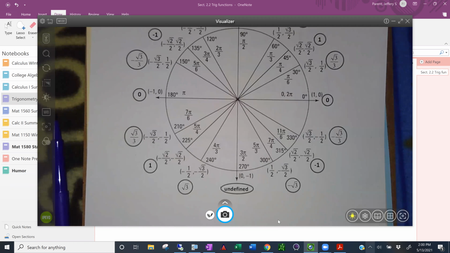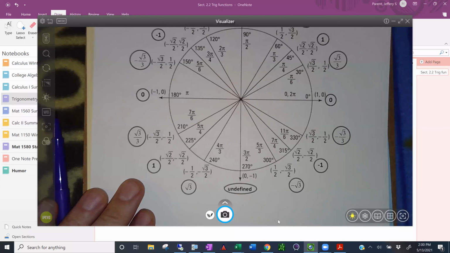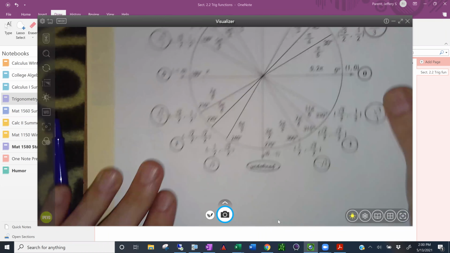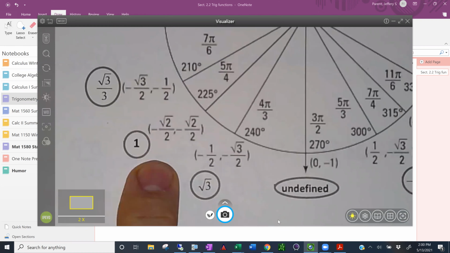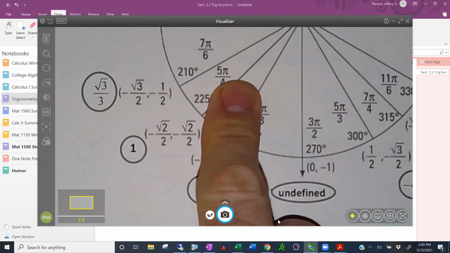The point is negative root 2 over 2 and negative root 2 over 2. Third. Yes, it has to be in the third quadrant, because that's the only place where both your X and Y coordinates are negative. So we can zoom in a little on the third quadrant, and pretty soon you see the angle is 5 pi over 4.